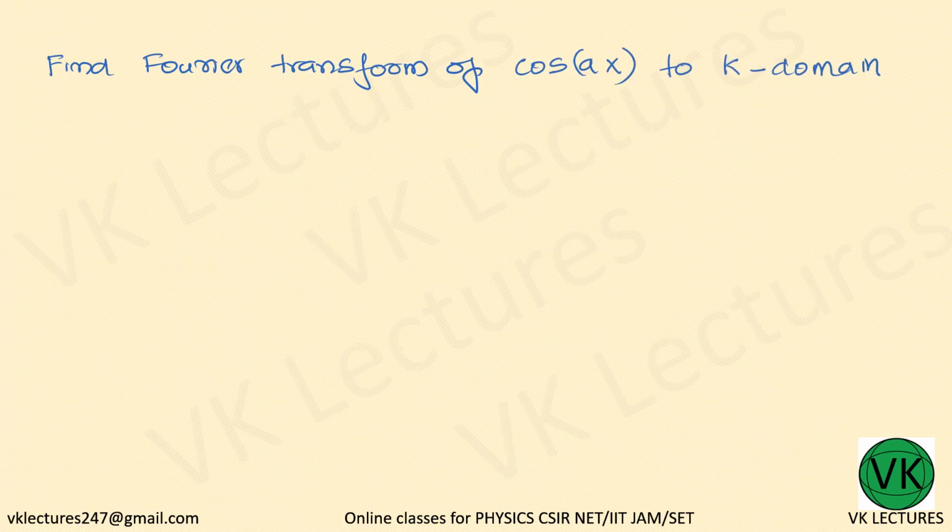Find the Fourier transform of the function cos ax to the k domain. So the transformation is from x domain to k domain.